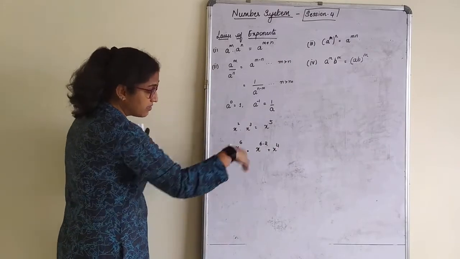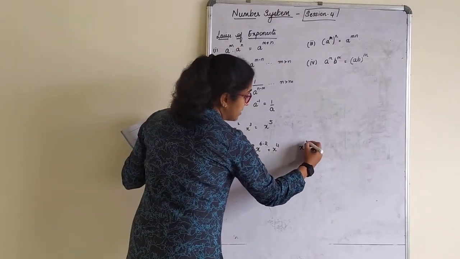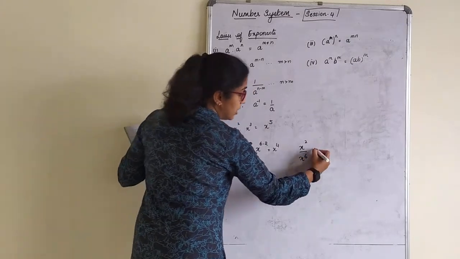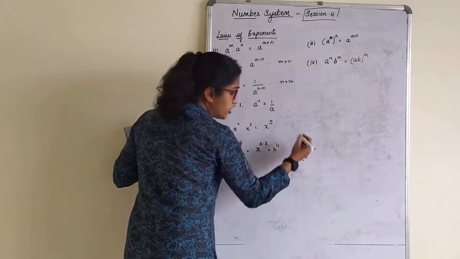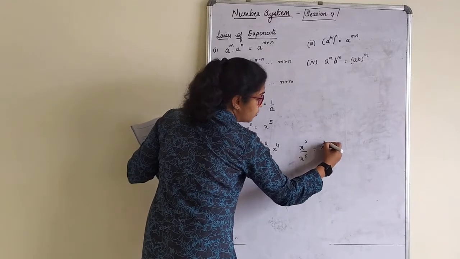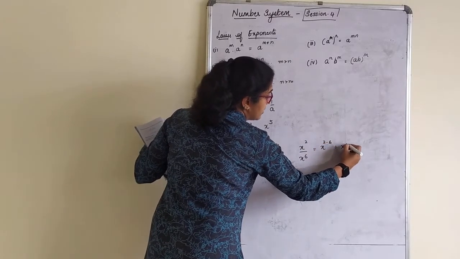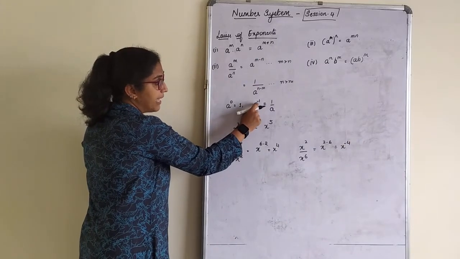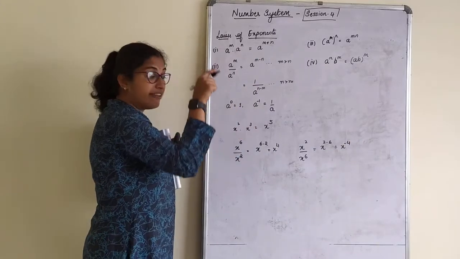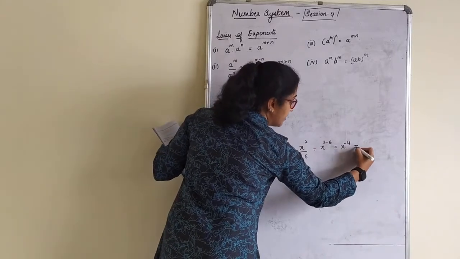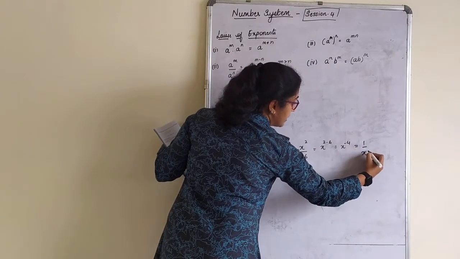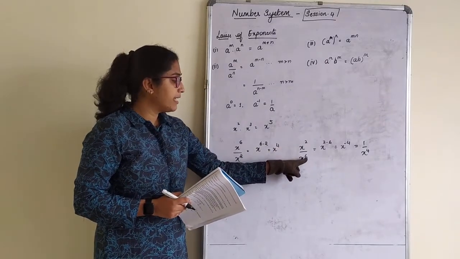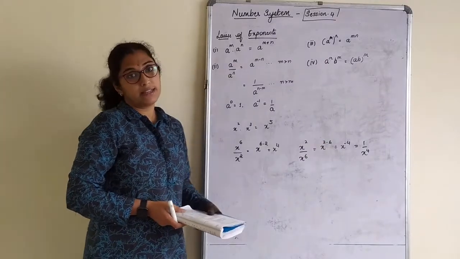But the same case is written in the other way, x raised to 2 and x raised to 6, if this is greater, you can also write like this, x raised to 2 minus 6, x raised to minus 4. But as per the law, any number raised to negative power can be written as 1 upon x raised to 4, or directly you can say 1 upon x raised to 6 minus 2, x raised to 4.